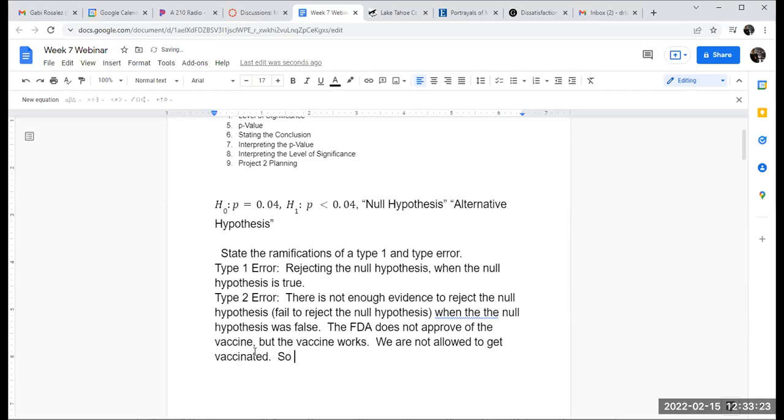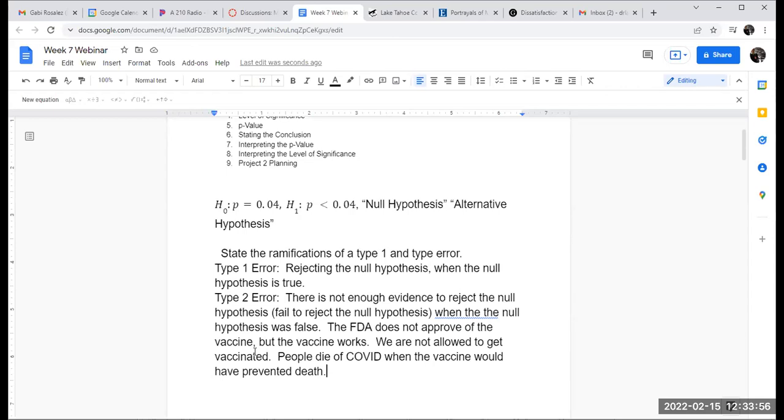Okay, so when the vaccine really did work, people die of COVID when the vaccine would have prevented death. Any questions on that?